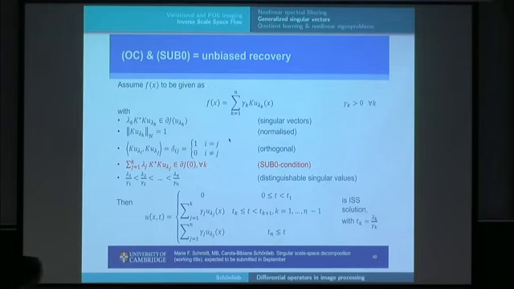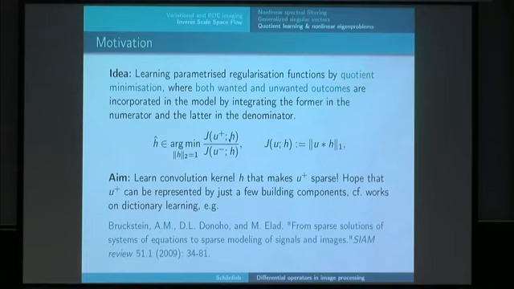We wanted to find an h such that h gives you a very sparse representation of some exemplar u pluses and gives you a very non-sparse representation of some exemplar u minuses. And this is also where this learning from mistakes, or involving both wanted and unwanted outcomes, comes into play. So what you want to learn is a good sparse representation of u, such that you get a sparse representation of these u pluses and that are very bad for u minus.